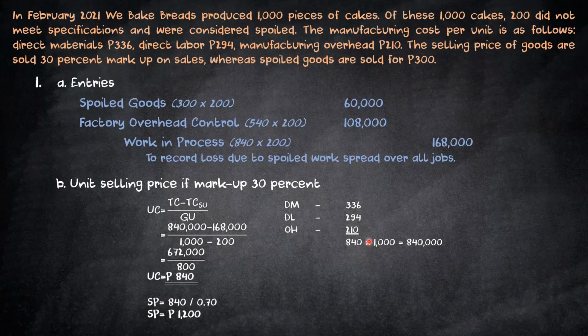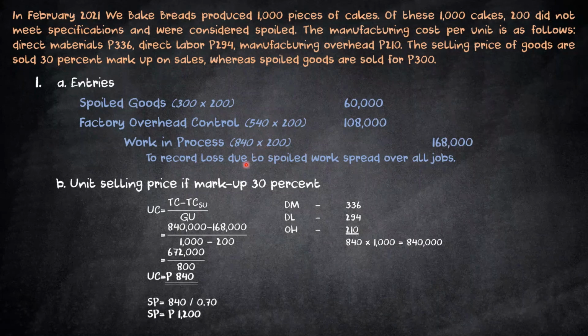Ito ang ating computation ng ating total cost. Yung total manufacturing cost per unit natin, i-multiply lang natin by our produced units, we will be able to get 840,000. Tapos, ito namang 168,000 dito po natin siya nakuha. Yung ating total manufacturing cost pa rin per unit, multiply naman natin by our spoiled units.